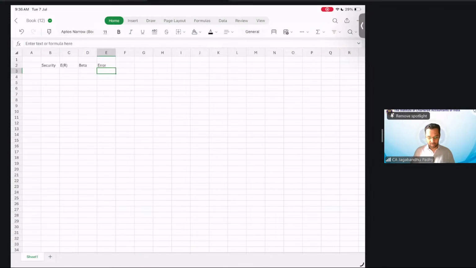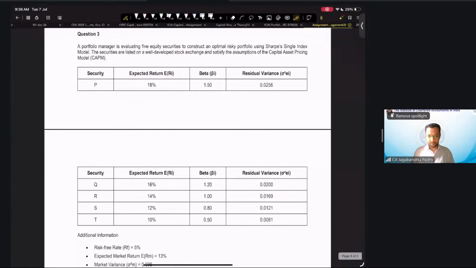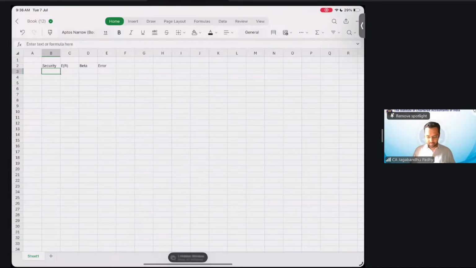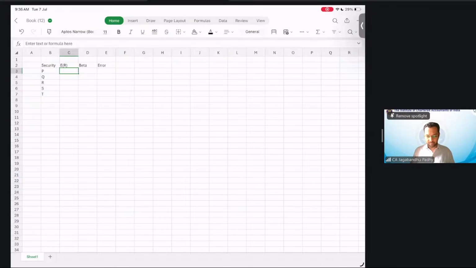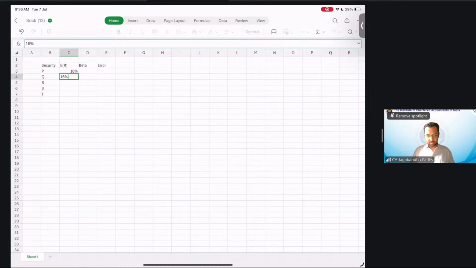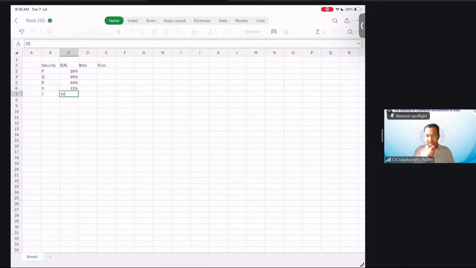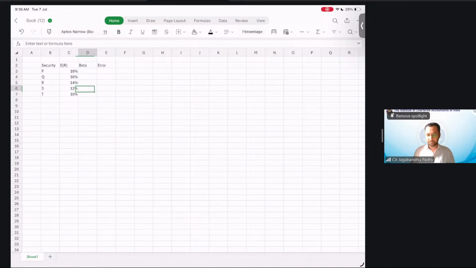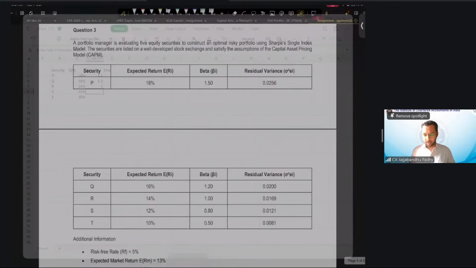We have this as P, Q, R, S, T. So the expected returns are 18%, 16%, 14%, 12%, 10%. And the beta values are 1.5, 1.2, 1, 0.8, 0.5.